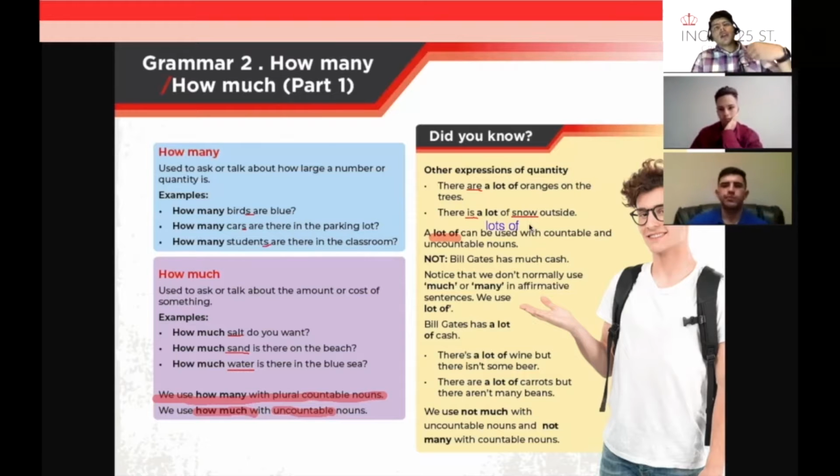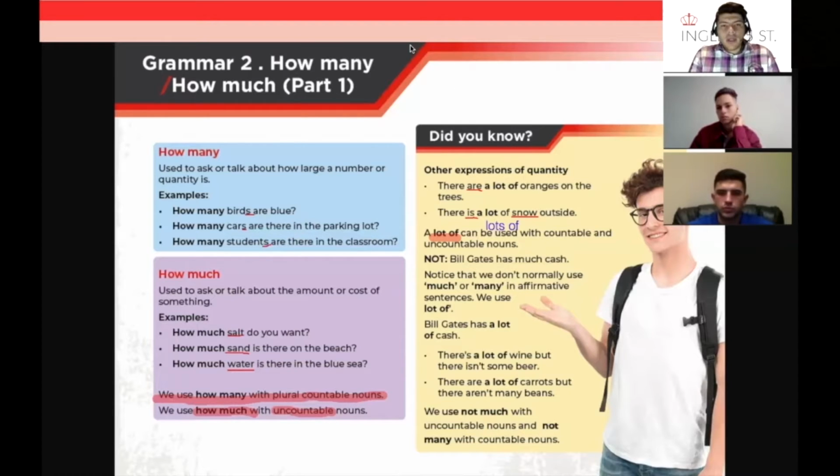Entonces, si quiero decir que tengo mucha arena in my shoes, digo, I have a lot of sand in my shoes. Okay? Como también si quiero decir que tengo muchas manzanas en mi casa, I say, I have a lot of apples in my house. Okay? Sin diferencia, a lot of and lots of lo podemos utilizar con ambas formas.